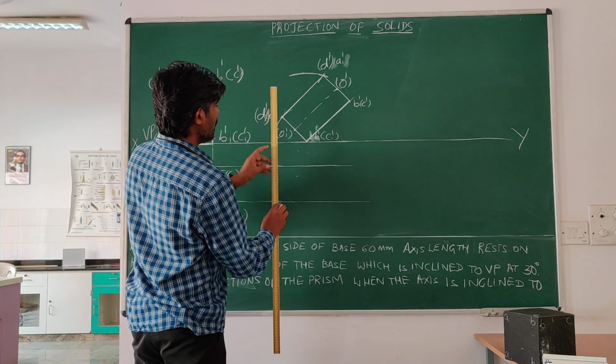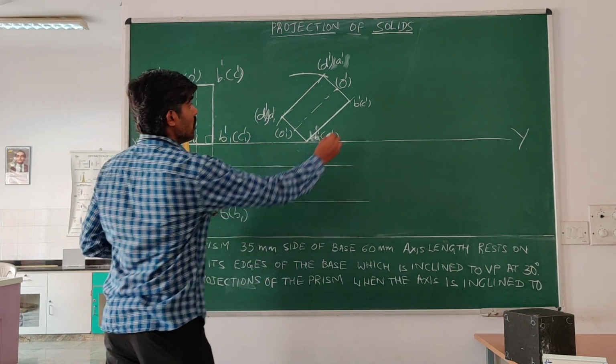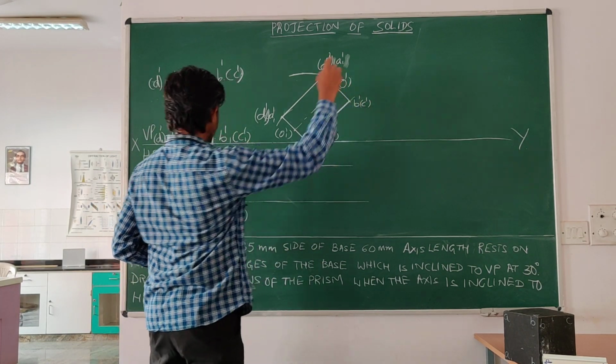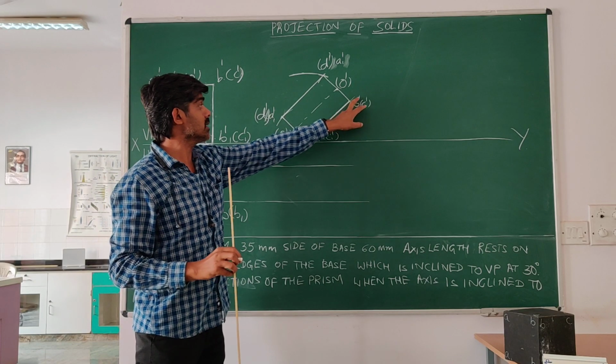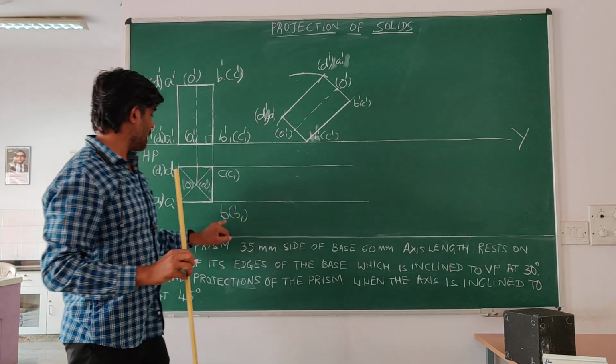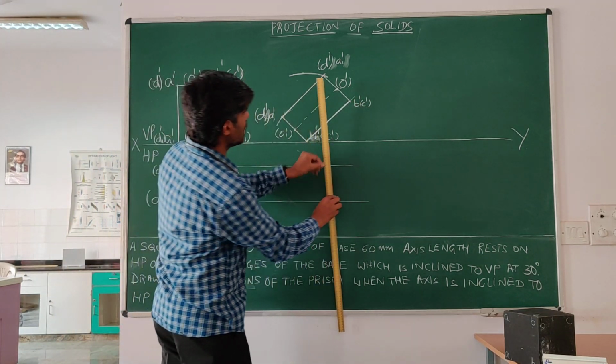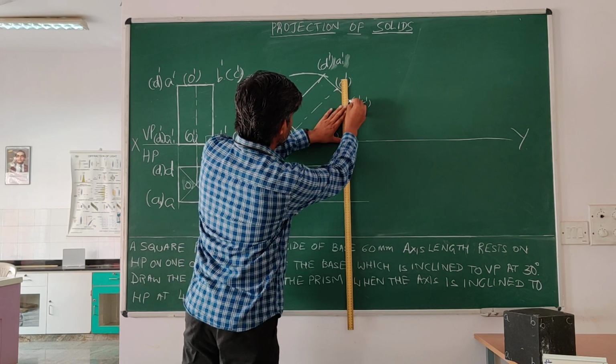Then I will start from here, from B dash. Where this point is, though it is dash, is B, and from here B. The intersection of these two will be here.